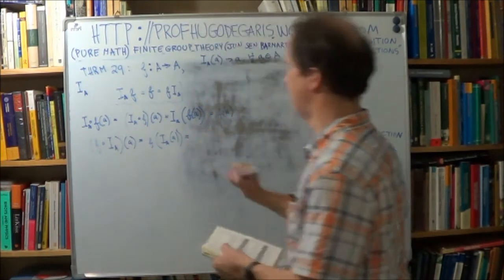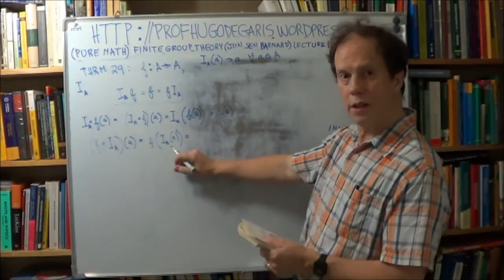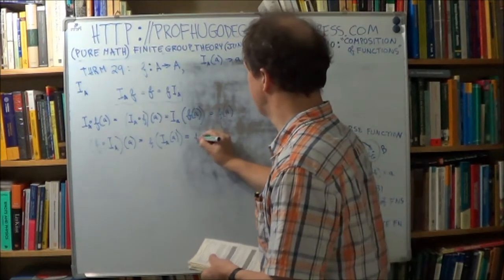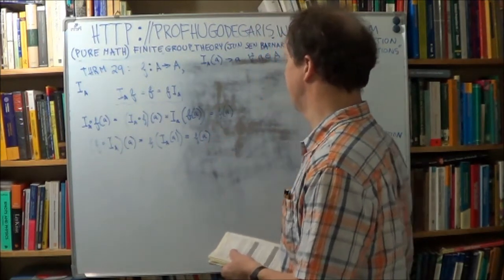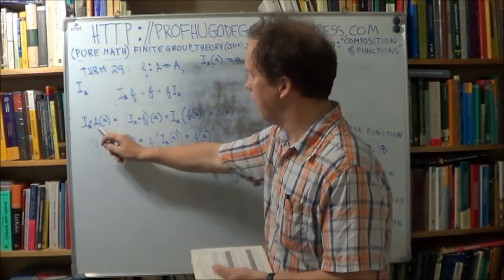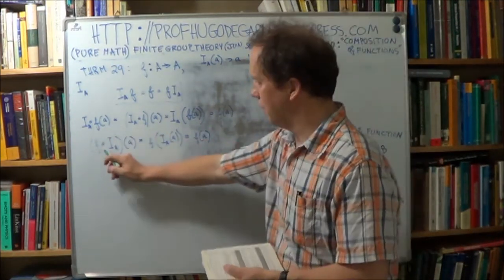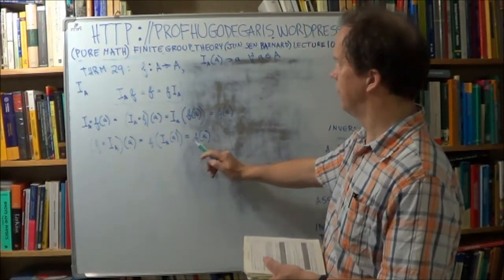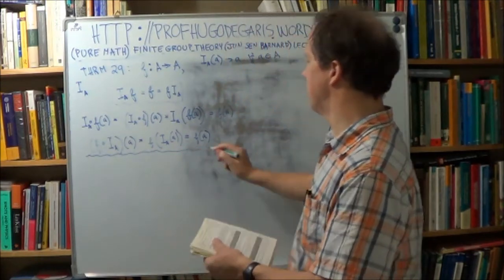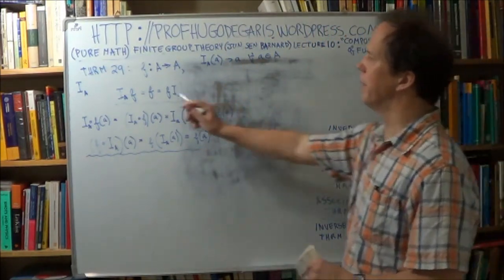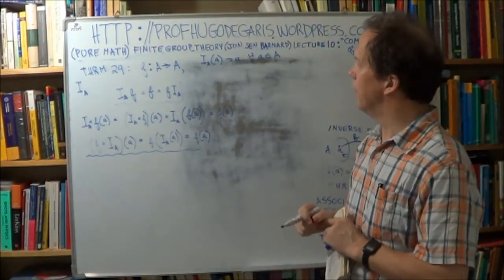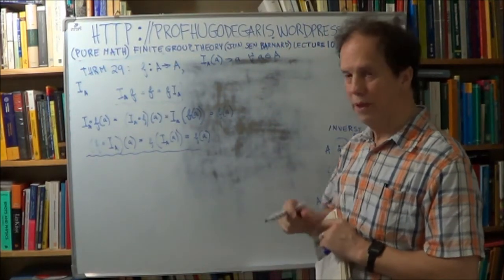Now it's the identity function, so inside here is just little a, so this becomes f of a. There's your proof. So I f is f, and f I is f. This I is your identity function, and we will use that a bit later.